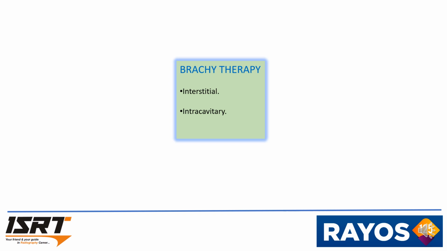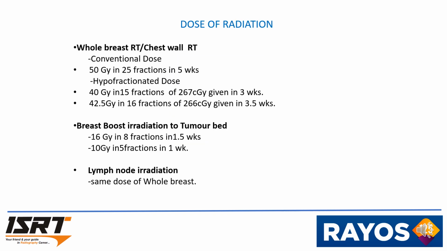Brachytherapy also can be done for CA breast patients. It is in two types, interstitial and intracavitary. Dose of radiation. For whole breast RT or chest wall RT, conventional dose is 50 gray in 25 fractions in 5 weeks, hypofractionated dose.